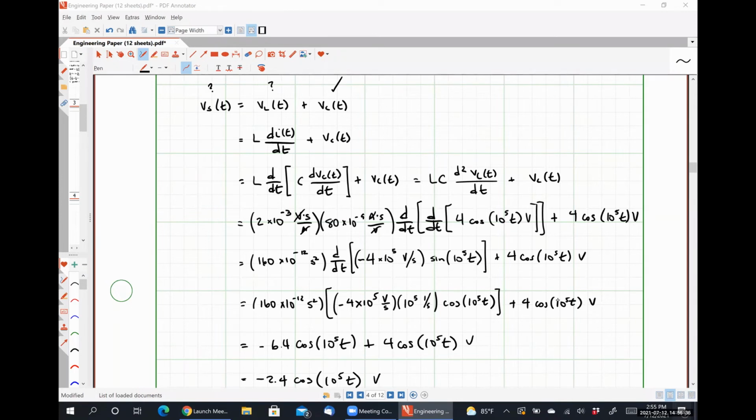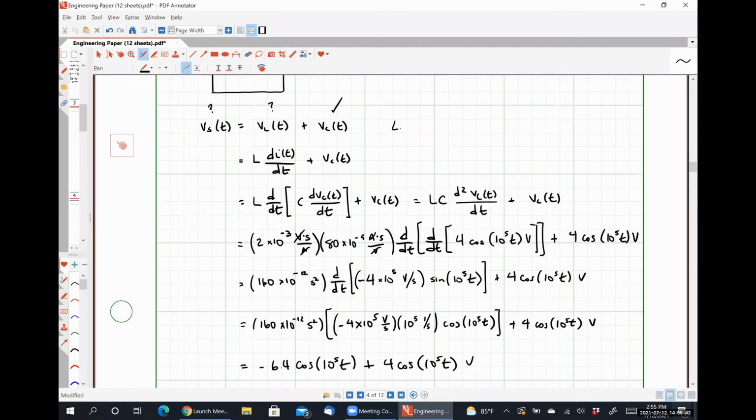I hope this step was fairly straightforward, because that's just simple KVL. This step, I hope, was also fairly straightforward.